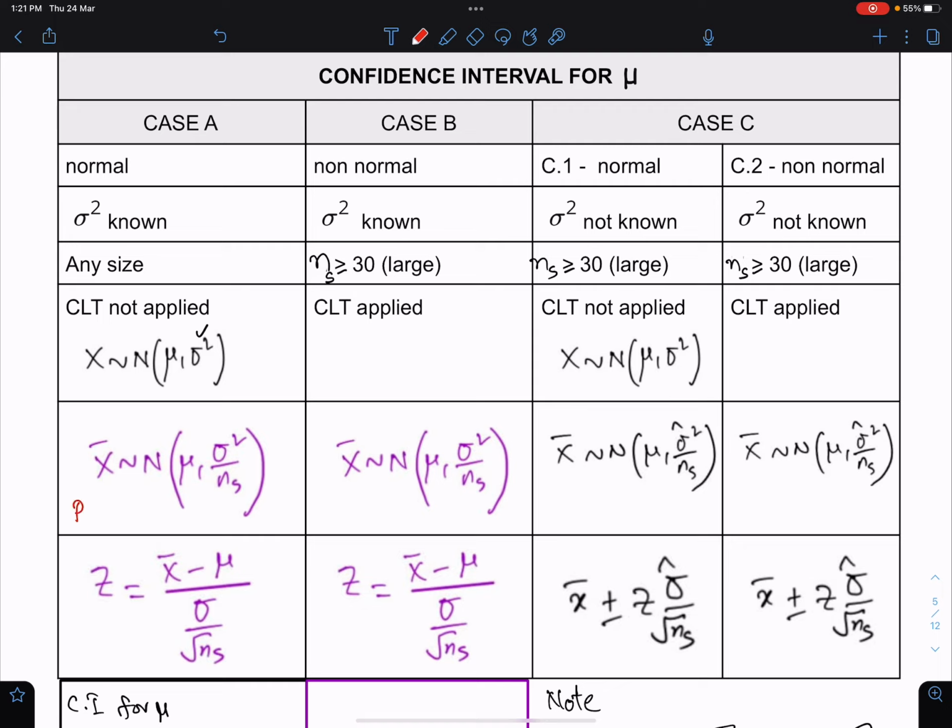This means perfectly normal. And here x bar is approximately normal because of CLT, although population was not normal. Same is here. X bar is approximately normal because of CLT.